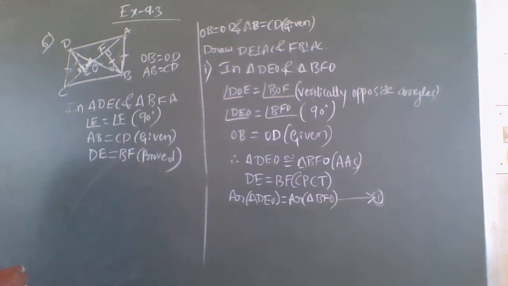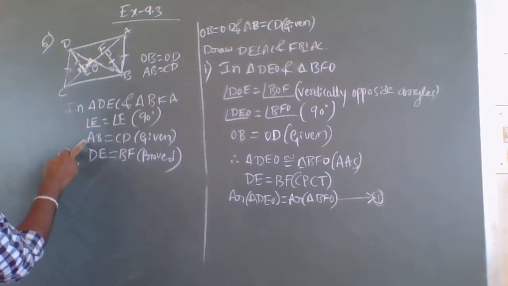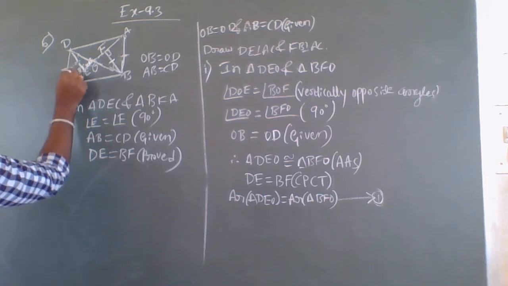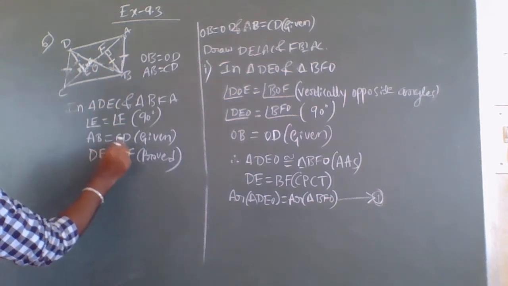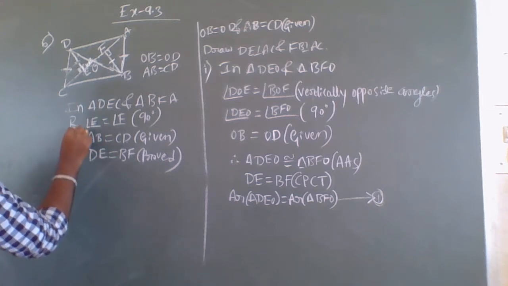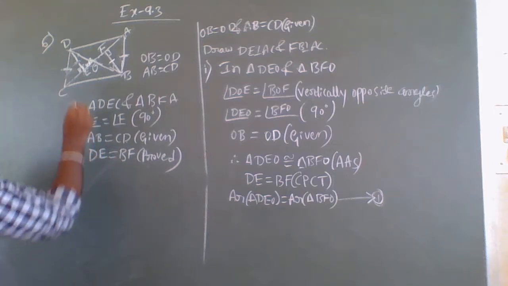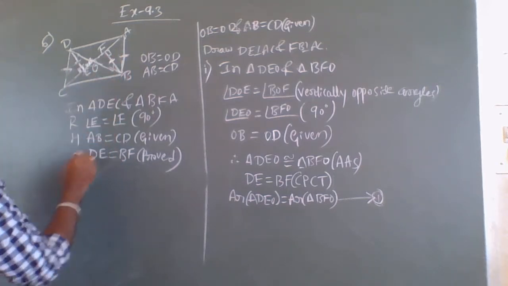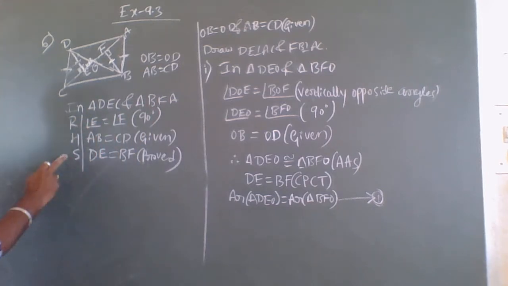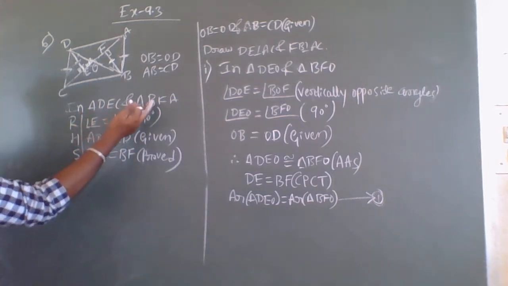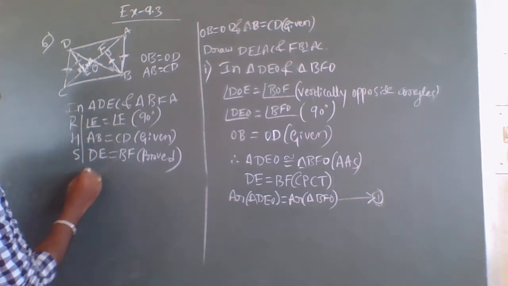So now you can see two right angles E and F, and the side hypotenuse which is opposite to the right angle. AB and CD are the hypotenuses, and DE and BF are sides of these two triangles. So from RHS we can say that these two triangles are congruent to each other.